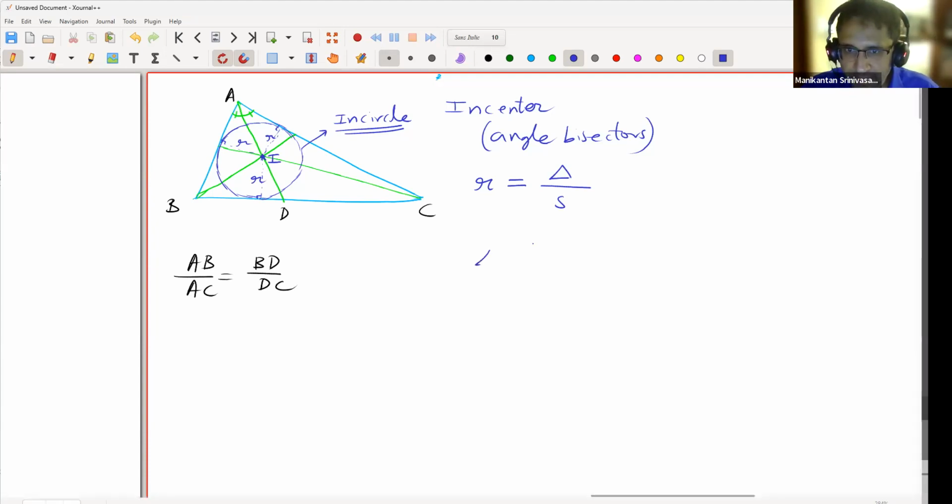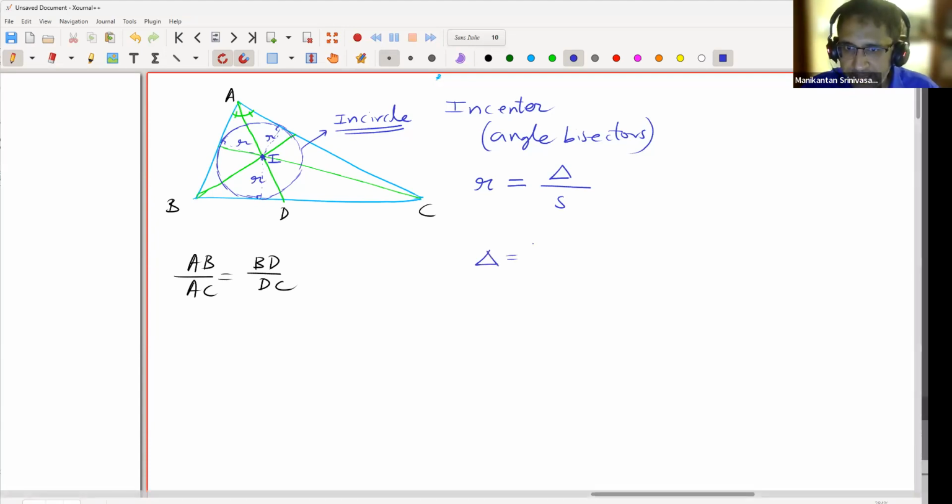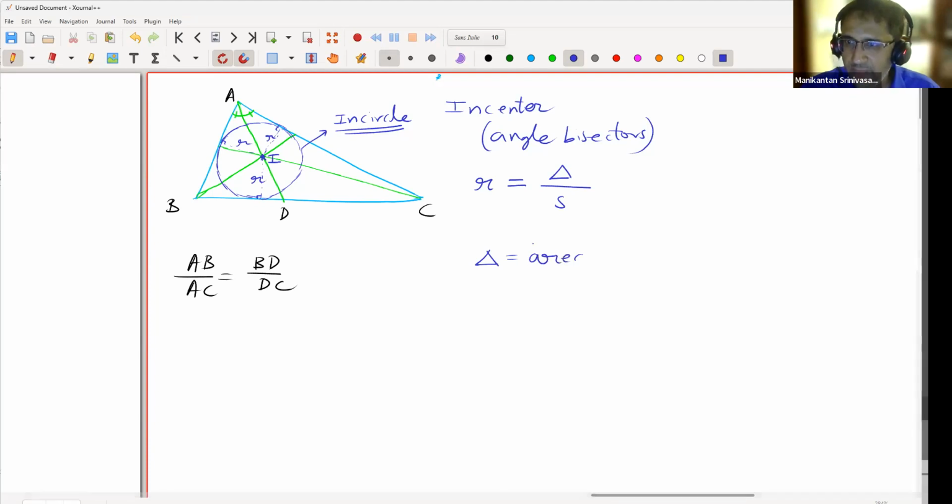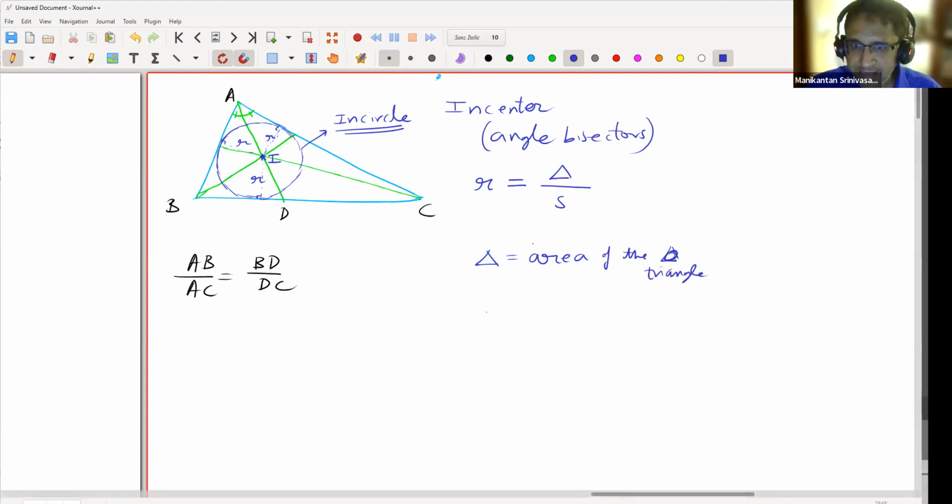Now, what is delta? Delta in the context of any triangle, or in fact even a parallelogram, or in geometry, is used to denote area. Area of what? Area of the triangle in this case. And S is the semi-perimeter.